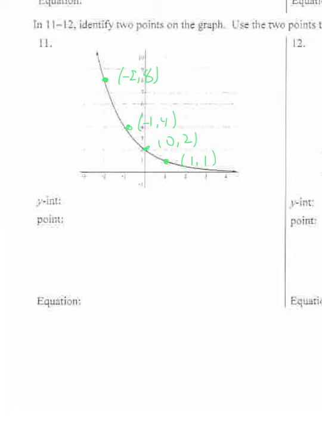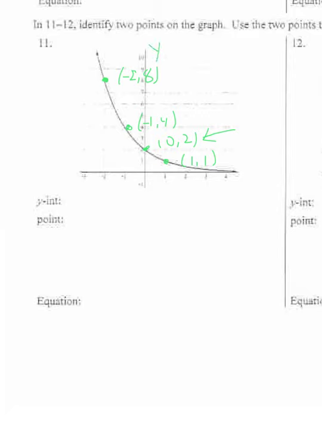For number 11, they do not give us the 2 points that we're going to write the equation for. But we can use the same pattern as we did for the first 2 problems, number 7 and number 8 that we did in this video. Right, we have to choose the ordered pair that has the x-coordinate of 0, which is this one here, 0, 2. That's our y-intercept.